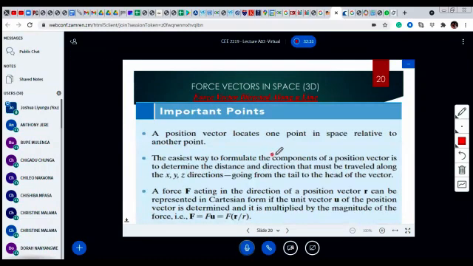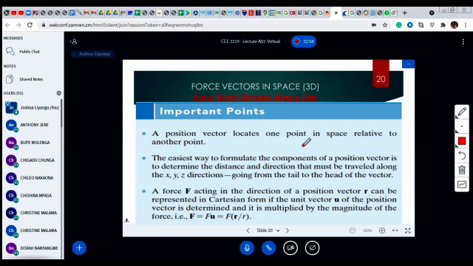Important notes. A position vector locates one point in space relative to another point. The easiest way to formulate the components of a position vector is to determine the distance and direction that must be traveled along the x. Always start with x, y, and z.